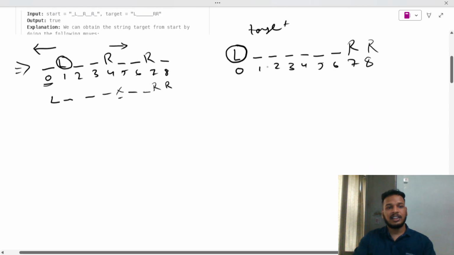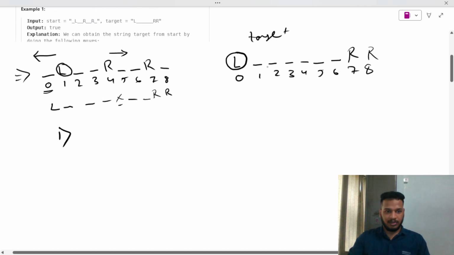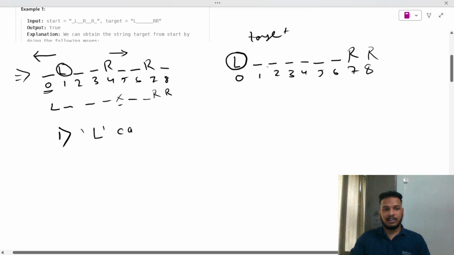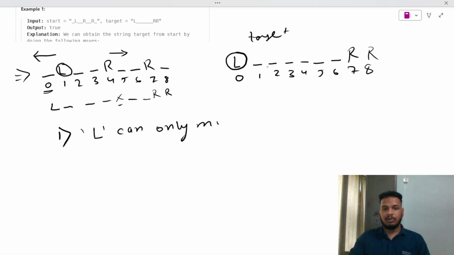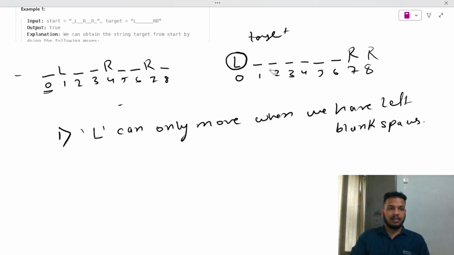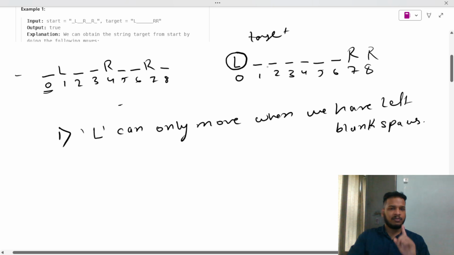Here the problem says that, first, L can only move when we have blank spaces on its left. The L character can only move when we have left blank spaces. So let's make a false case.